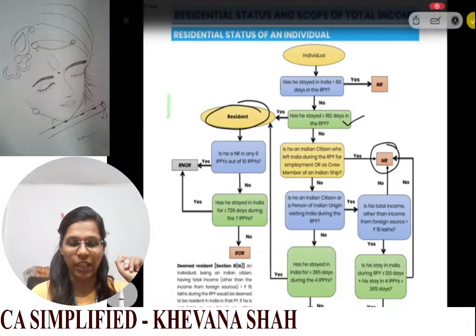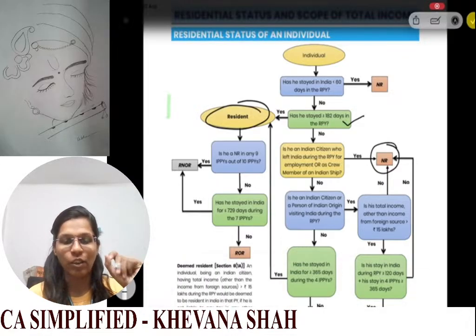But if that condition is no, then we need to check whether he is an Indian citizen or a person of Indian origin visiting India during the relevant previous year.